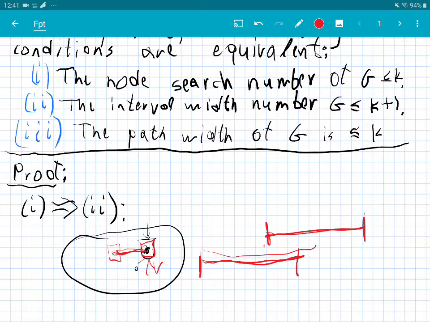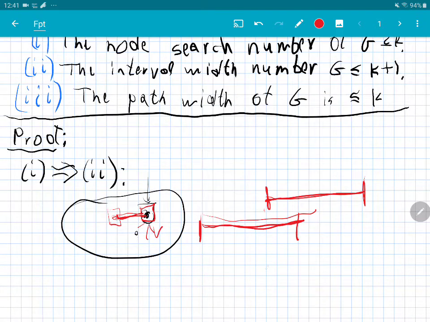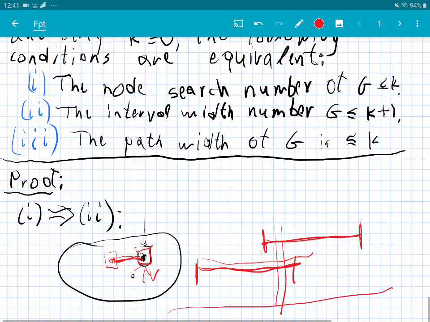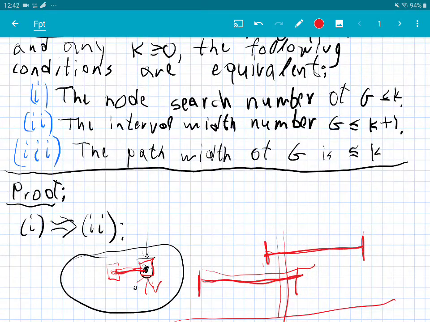And furthermore, since it corresponds to time, the axis here is a time axis. Since we're using k guards, there is no point where more than k intervals intersect a value. Namely, the depth of this graph is k, and as such, the clique size of this graph is k, and the interval width of this graph is k. So this implies 1 to 2. Okay, so that's good.